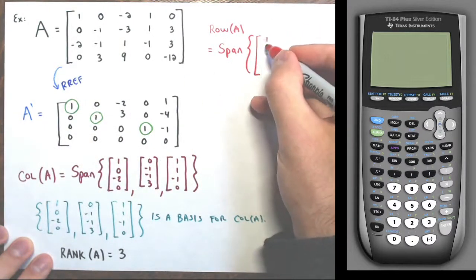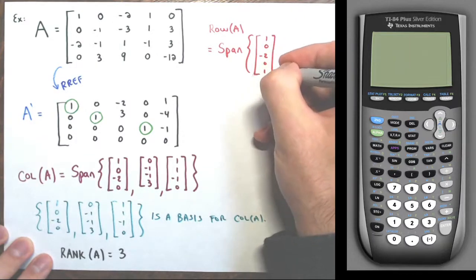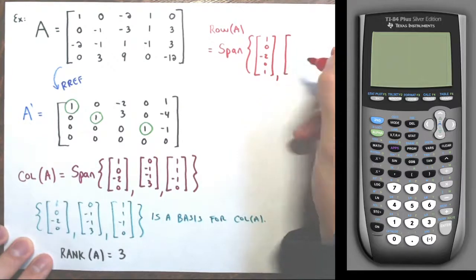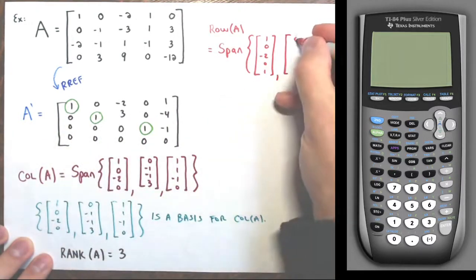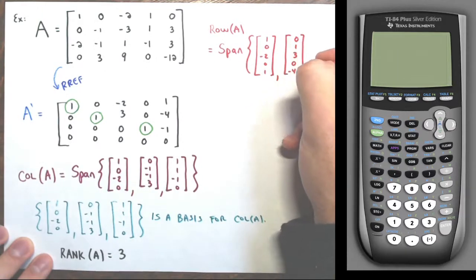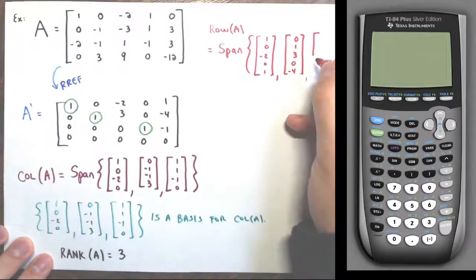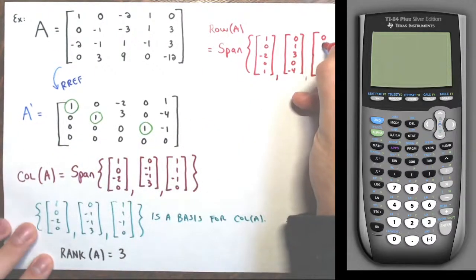So 1, 0, negative 2, 0, 1 from R5, and then this row vector, the pivot row, 0, 1, 3, 0, negative 4, and this row vector, 0, 0, 0, 1, negative 1.